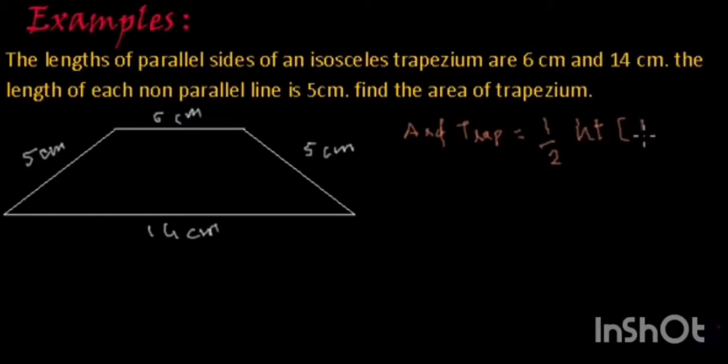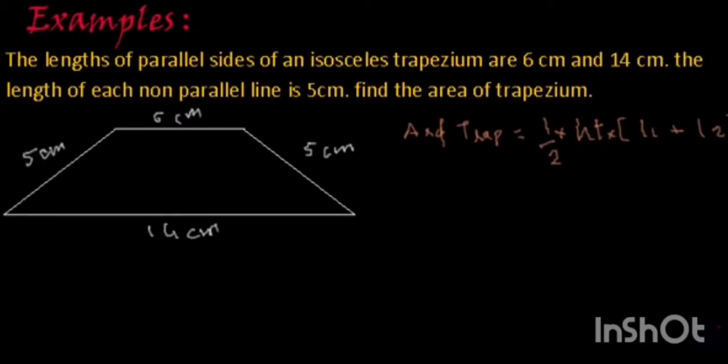So if I call L1 one parallel line and L2 the other parallel line, the area of the trapezium will be 1 by 2 times height multiplied by L1 plus L2, right? We have L1 as 6 centimeters, L2 as 14 centimeters, but what about the height? Height we don't know, right? So we have to find it. So what is the height?